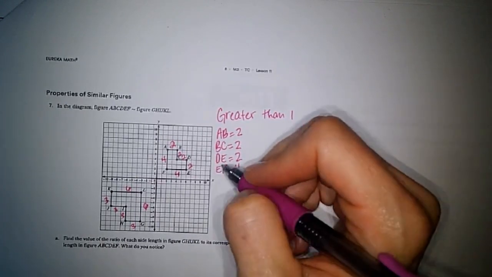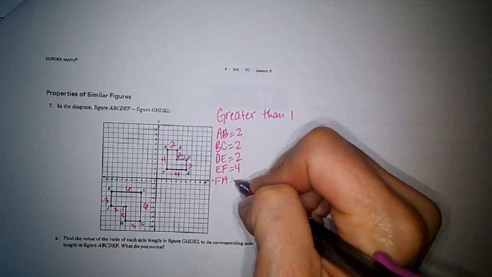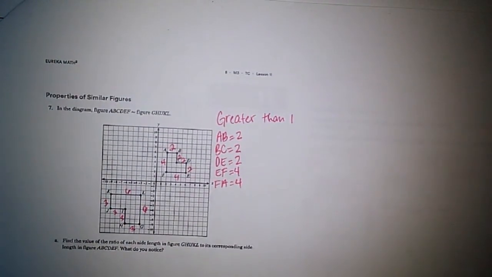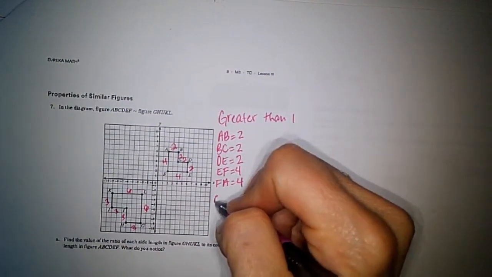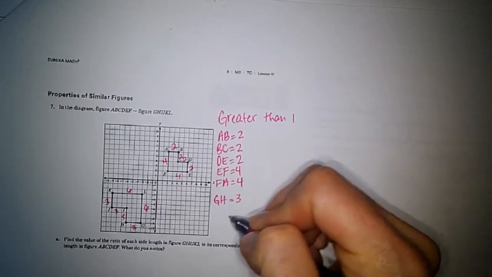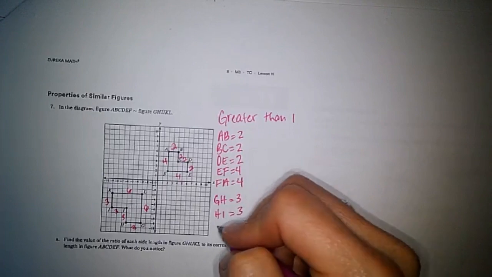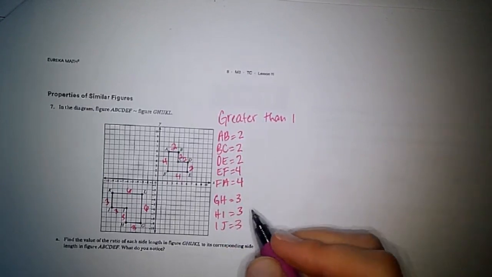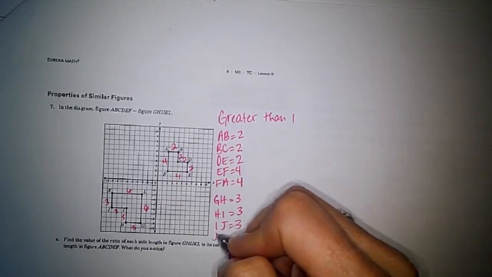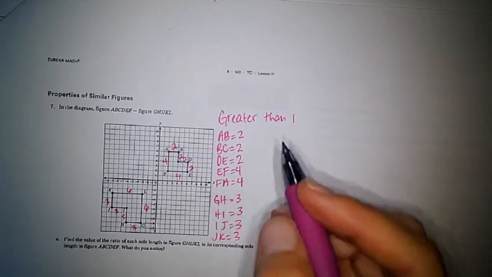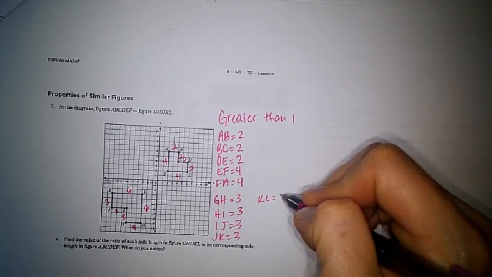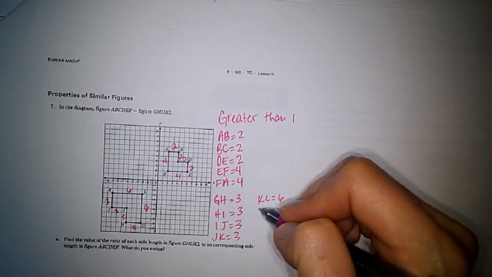I also know that GH equals 3, HI equals 3, IJ equals 3, JK equals 3, KL equals 6, and LG equals 6. So I'm writing all of my parts.